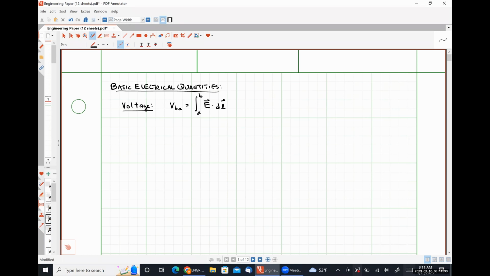What this thing says is that voltage depends on 2 points, right? So we have E dotted into dL, okay? That's a line integral.